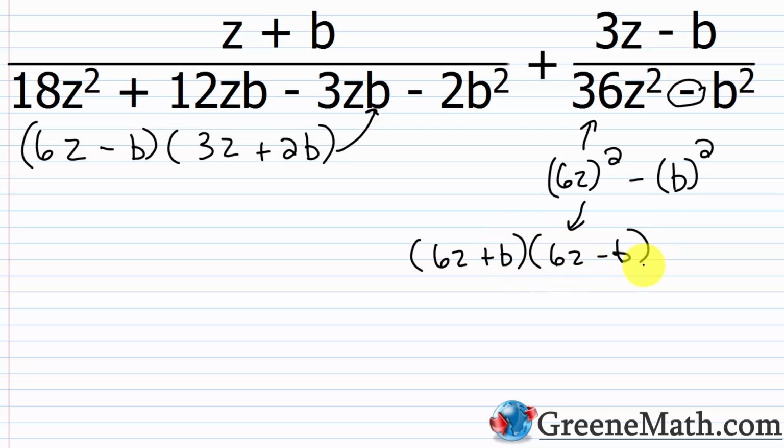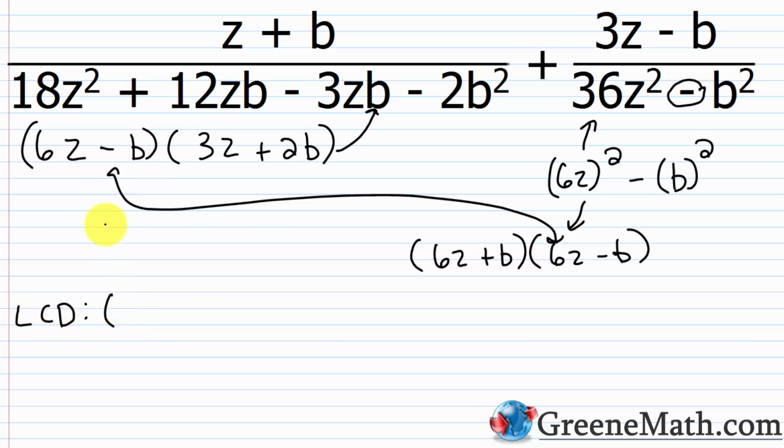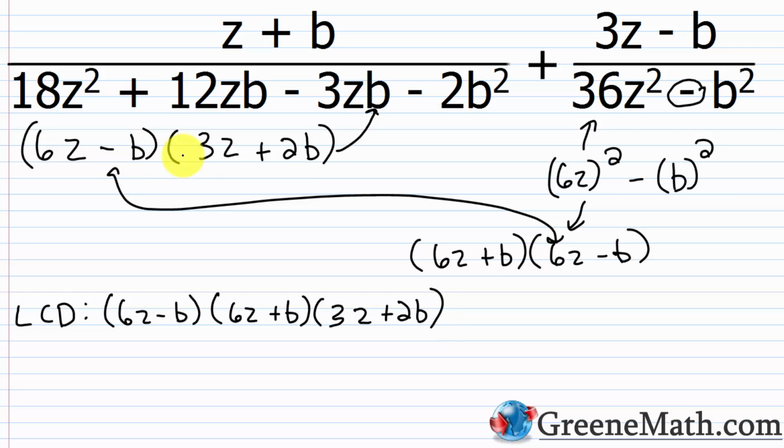Now, what you can see is that you have this and this that are common. So when I build my LCD, what I'm going to have is 1 factor of 6z minus b. I don't need 2. Then 1 factor of 6z plus b. Then 1 factor of 3z plus 2b. So that's my LCD. Now, what do I need over here? Over here, I would be multiplying by just 6z plus b.